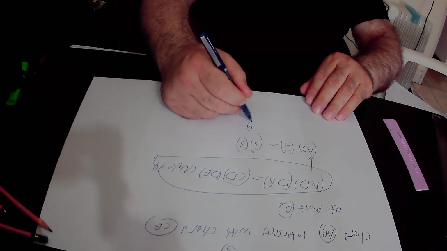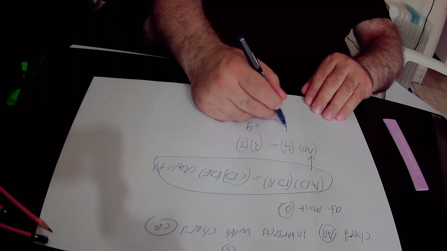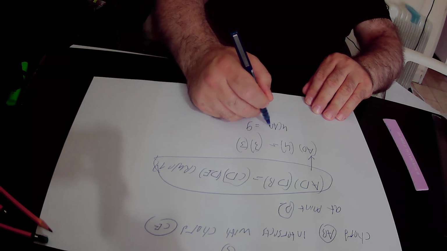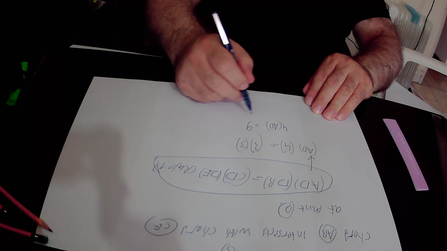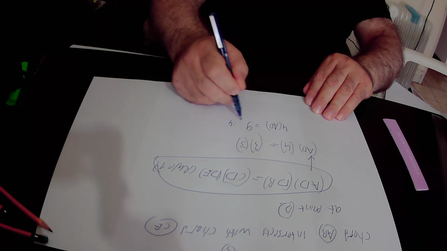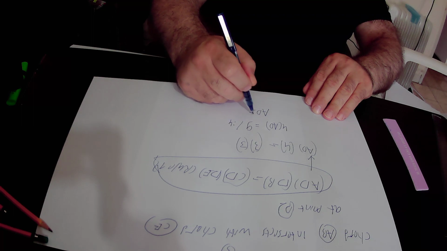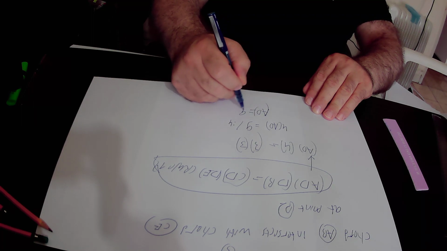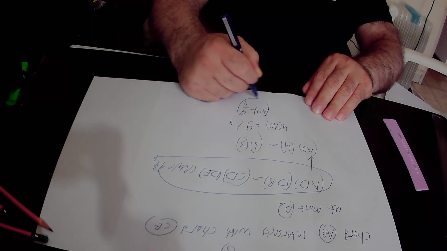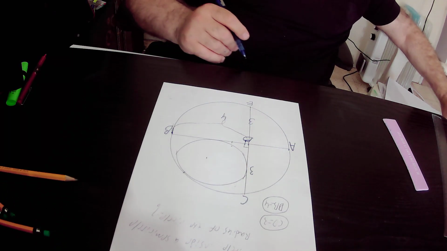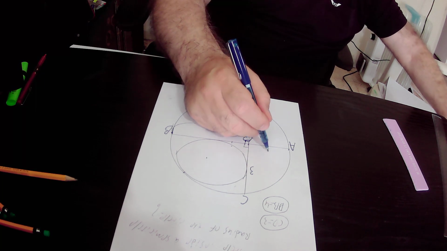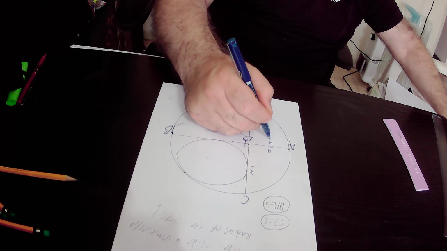So 4 times AD equals 9. Here we divide this equation by 4 and we get that AD equals 9 over 4 units.